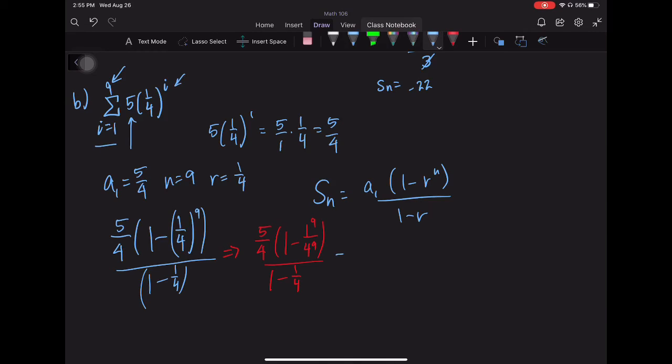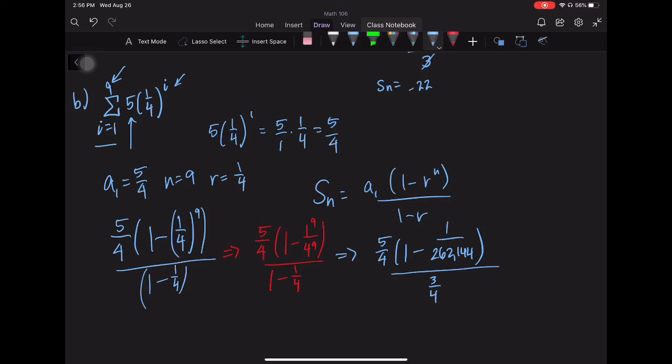Okay, moving on again, I'm going to fill in 1 to the 9th is 1, and then 4 to the 9th is 262,144, and 1 minus 1/4 is 3/4.